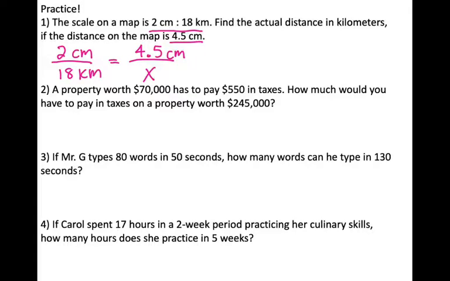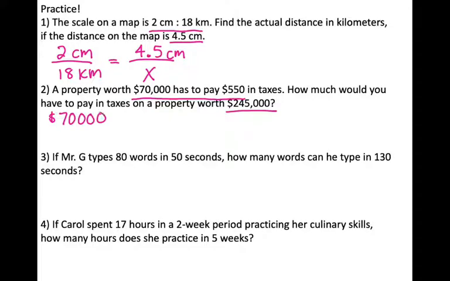For number 2, a property worth $70,000 has to pay $550 in taxes. How much would you have to pay in taxes on a property worth $245,000? So for my first ratio, I'm going to put my dollars for the property worth on top.